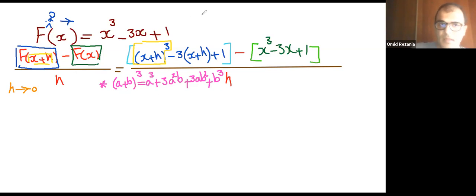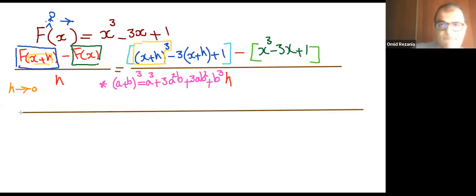Now, I'm just going to use this one in order to expand the thing which I have right now here, to simplify the terms. I'm just going to come down here and simplify the terms. The first term which I have with the power 3, I'm just going to write this.